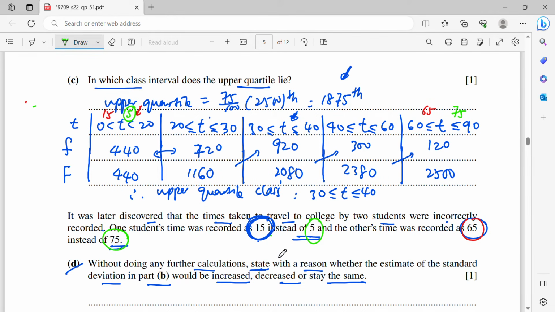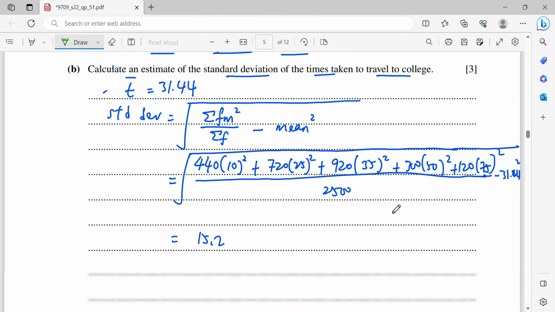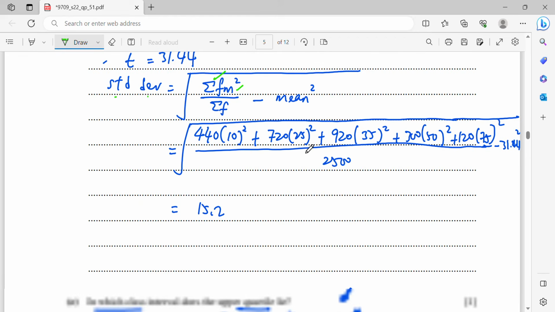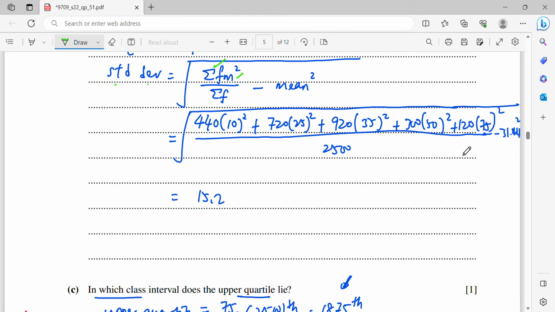So when you look at the calculation of standard deviation, let's go back to part B. For the calculation of standard deviation, we need the f and the m, and also the mean. The mean is summation fm over summation f, which is the formula for mean.